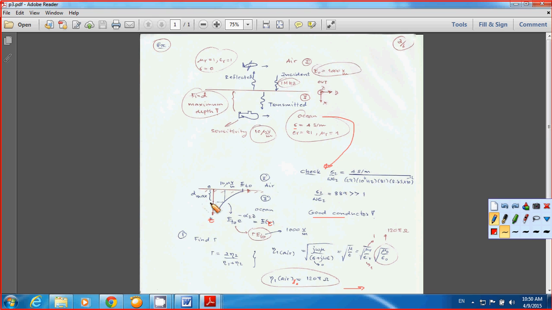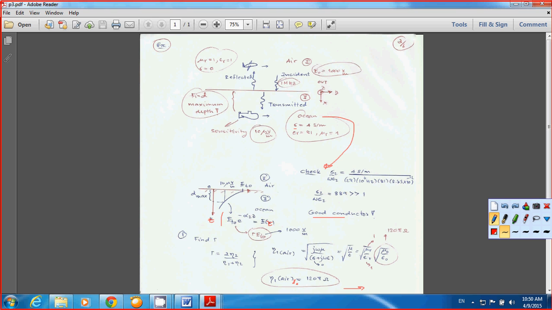You want to find the max depth that the submarine can be to be able to detect the signal, and the minimum electric field that the submarine can detect is 10 microvolt per meter. So you have to find the depth at which the electric field is attenuated down to 10 microvolt per meter.